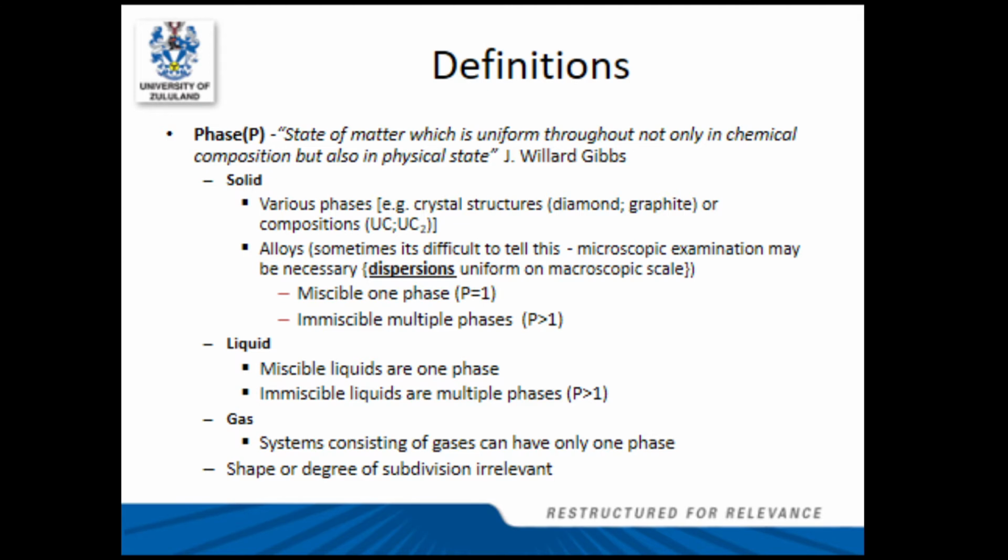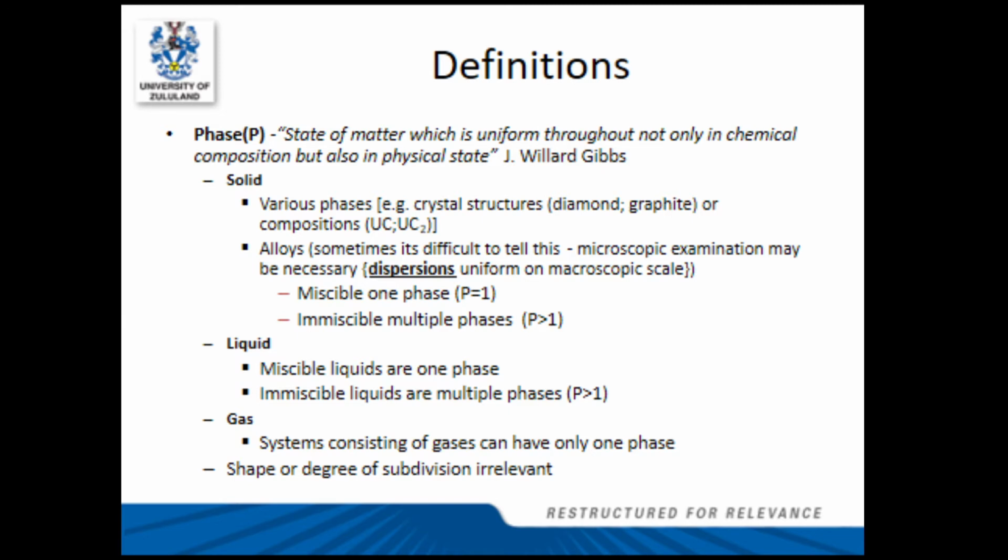The solid state can also exist as alloys, and a typical example of an alloy is a combination of more than one metal.